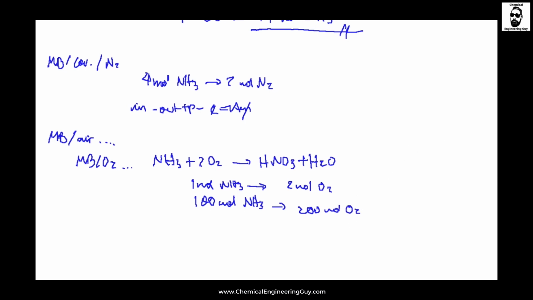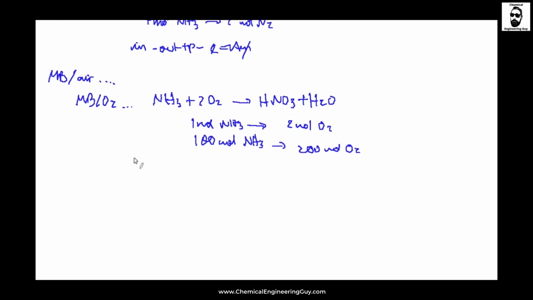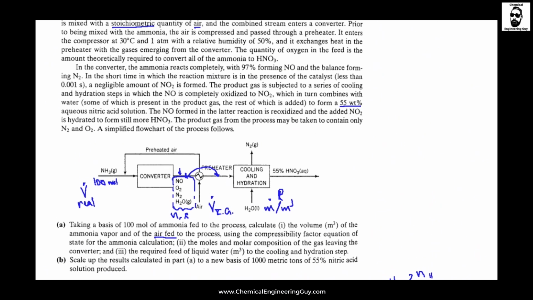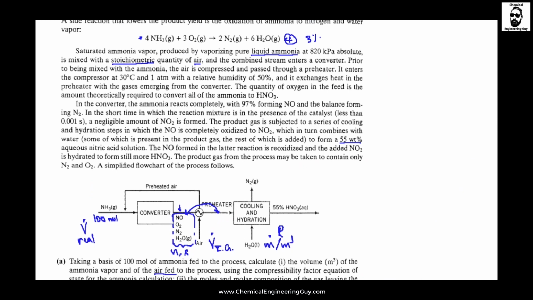So that's the amount I entered in moles of oxygen. So this is N1, 200 moles of oxygen. Let me tell you why I used 100 and not 97%. Because they are mixing with the stoichiometric quantity of air. So even though you are only reacting 97%, you are mixing it.